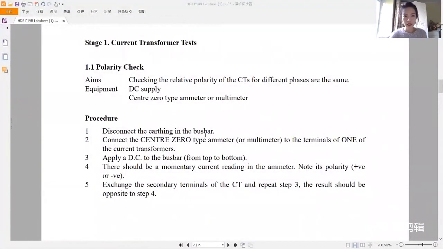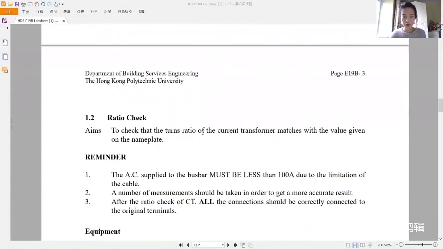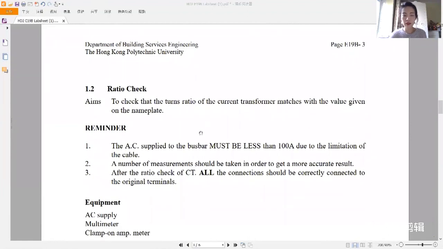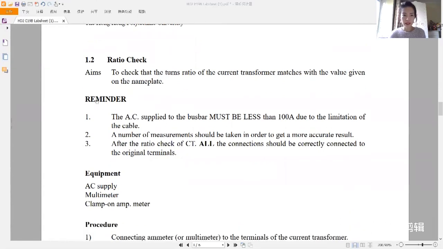After the step 1 polarity check, we will go further to step 2, that is the ratio check. For this step, the aim is to check that the turns ratio of the current transformer matches the value given on the nameplate. There are some reminders you have to keep in mind. The first one, the AC supply to the bus bar must be less than 100 amperes due to the limitation of the cable.